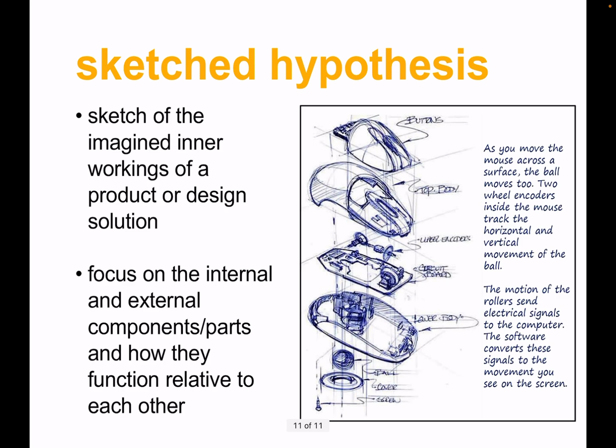And so doing some sketching to try to understand what's actually going on inside of the mouse. So sketch hypothesis, sketch of the imagined inner workings of a product or design solution. In the case of the project that y'all are going to be working on, you're going to be sketching or trying to hypothesize how the electric toothbrush actually works.